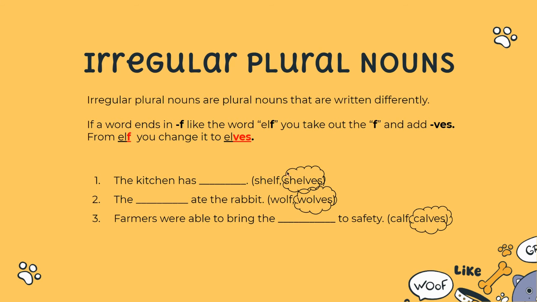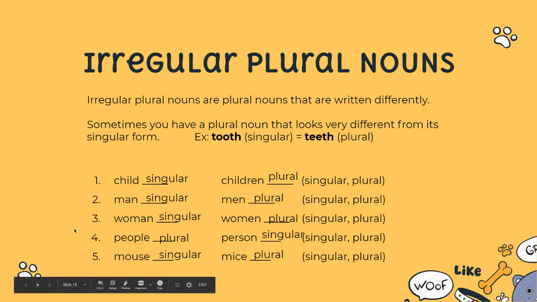So this is the answer, shelves. Number two, the blank ate the rabbit. The wolves ate the rabbit. VES. Number three, farmers were able to bring the blank to safety. Farmers were able to bring the calves to safety. VES.